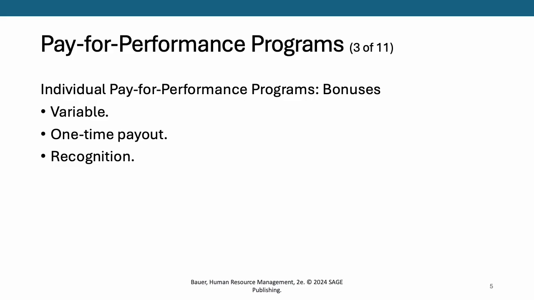So you might get a 5% bonus on your base pay, and your base pay doesn't change in year two. Year two, you get another 5% bonus, but your base pay stays the same. Whereas with merit pay, if you get a 5% increase, it's the 5% increase that gets compounded and added to your base pay.